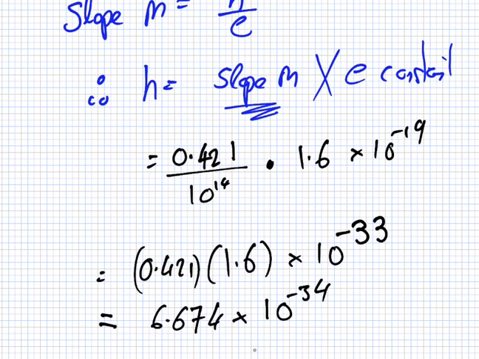And now you can use this experiment to get the h. So what I'm trying to show you is, even though these numbers are extremely small, we can still do experiments to get them very accurately. So we now know the h, the e, and the mass of the e.